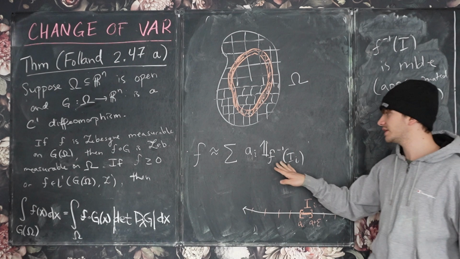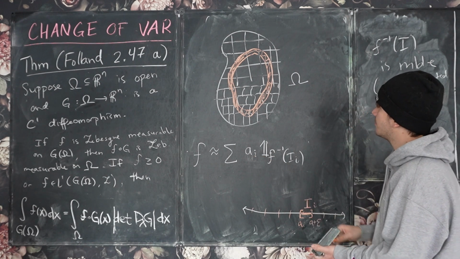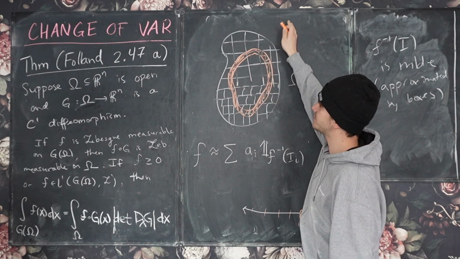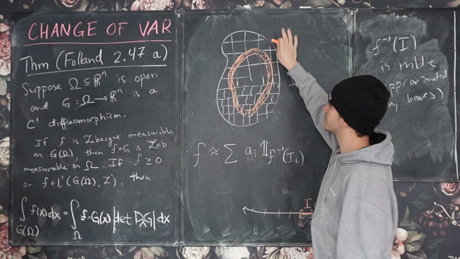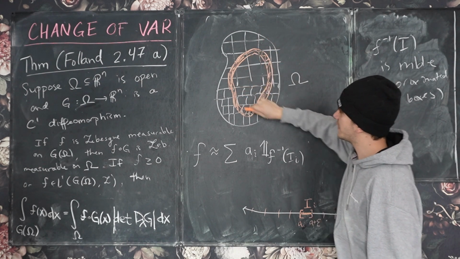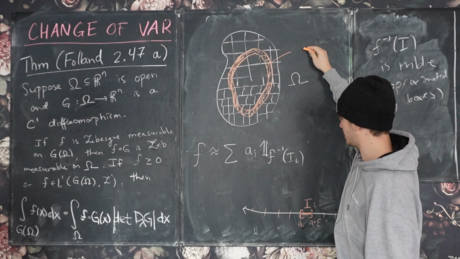So basically, I'm replacing f, which you could picture as a surface over the plane here. That surface is approximately a constant height on this region, a_i.